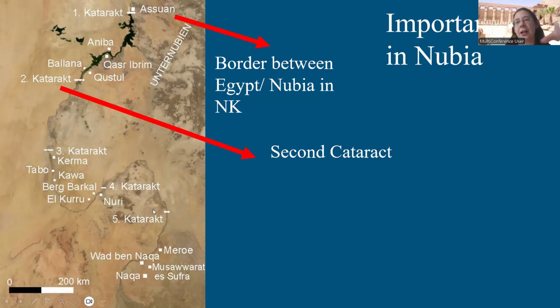But what these cataracts are is they are sections of the Nile that are very rocky. And so they're basically natural barriers. And when the annual flood was still happening, these cataracts would be flooded at certain times of the year. And that was what allowed you during those times of the year to actually sail through them.